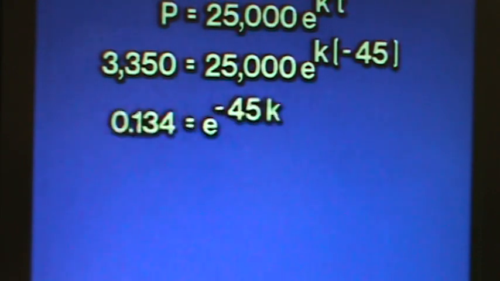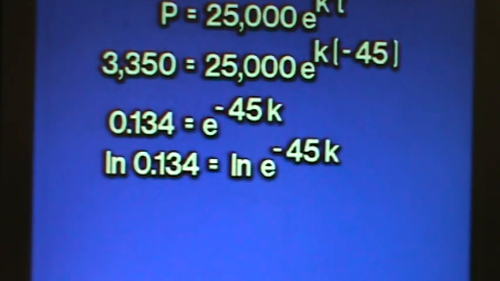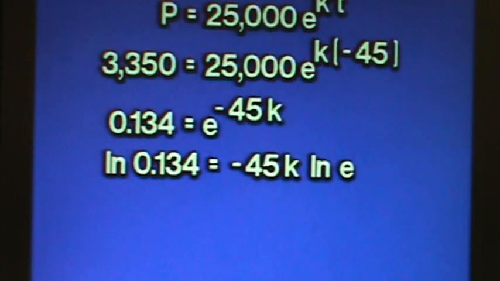Dividing on both sides by 25,000 gives us this result. Notice we cleared the 25,000 on the right, we get a decimal on the left. Now we're in a situation where we apply natural log on both sides, giving us this, and on the right we apply the power property to write negative 45k as the coefficient of ln e.